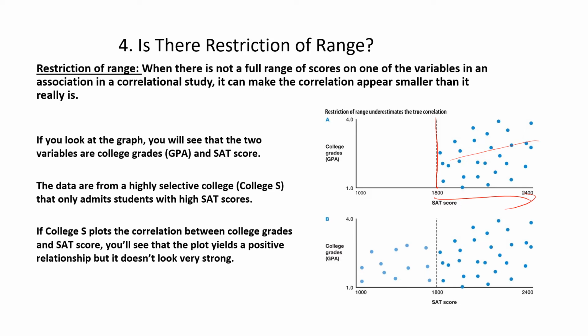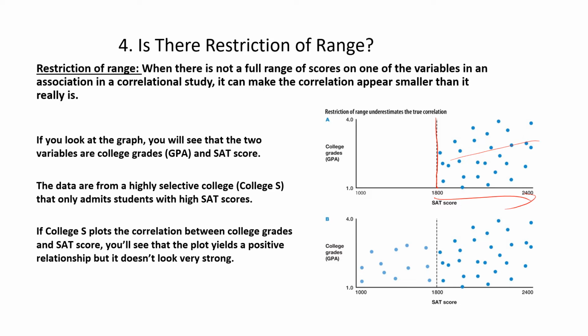Does that mean we shouldn't consider SAT scores in admissions? The issue here is that with this restriction of range, we are only looking at some of the SAT scores.